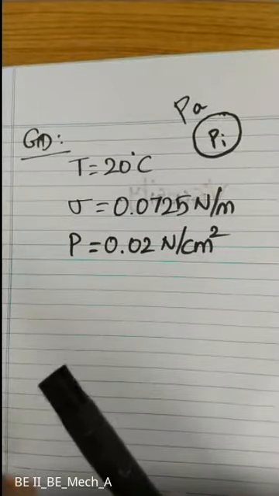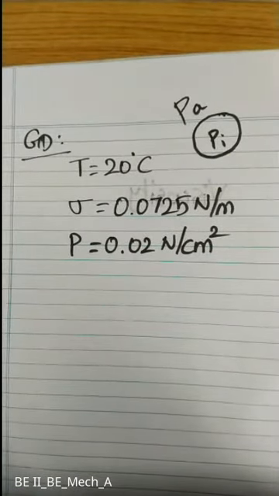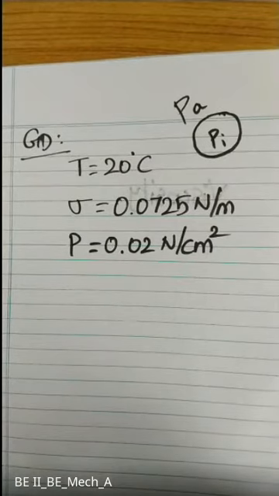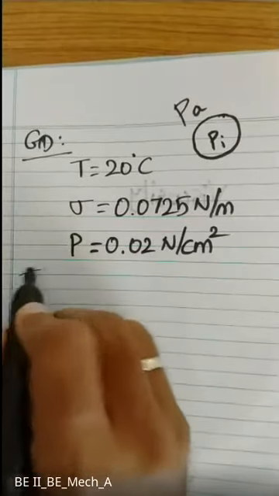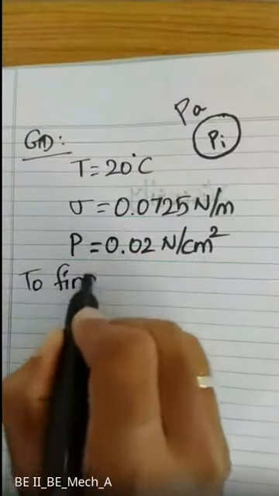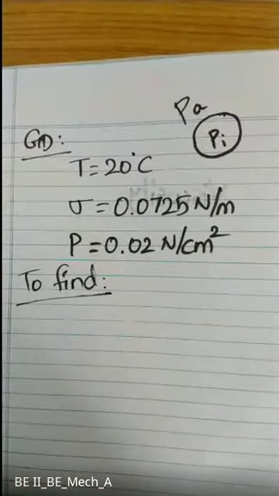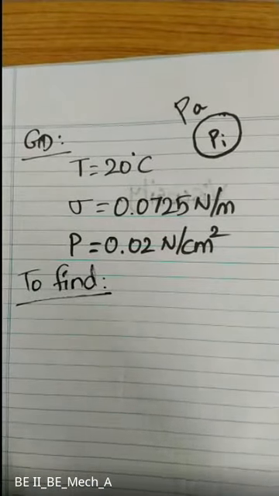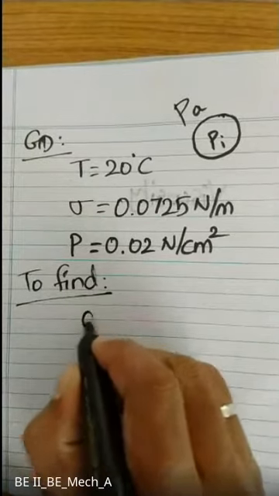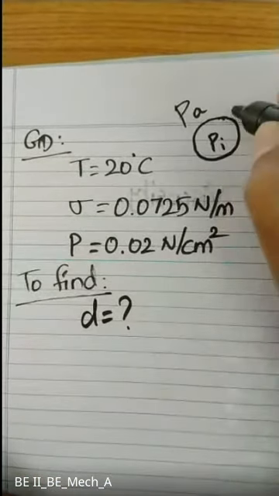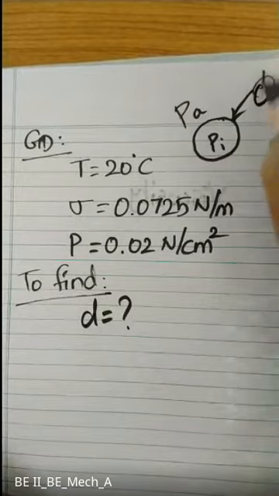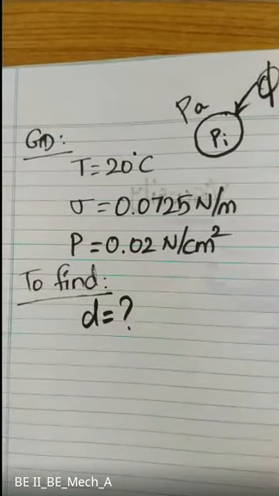Actually, you have a formula, right? What is the formula for this particular droplet problem? We have already derived this. Actually we have to find the diameter of this droplet.